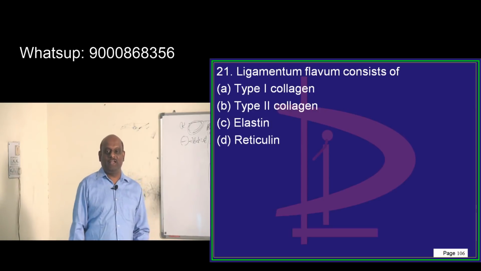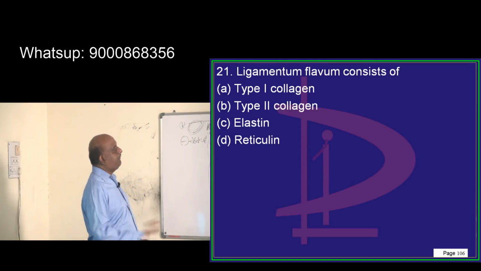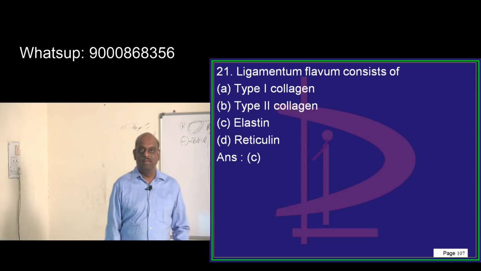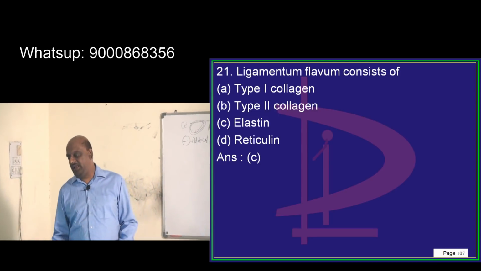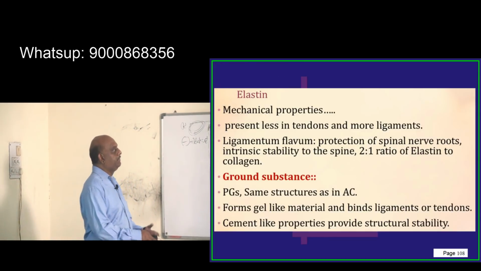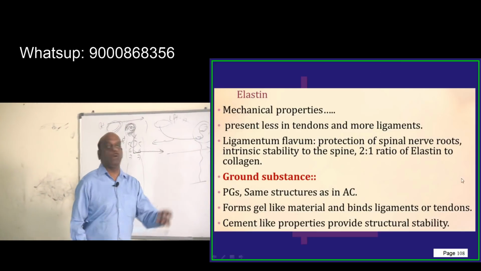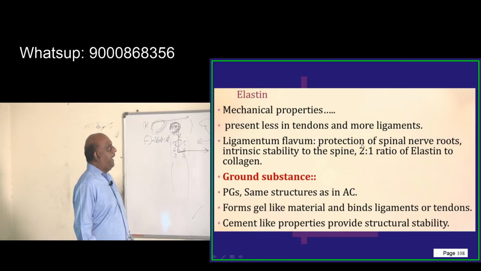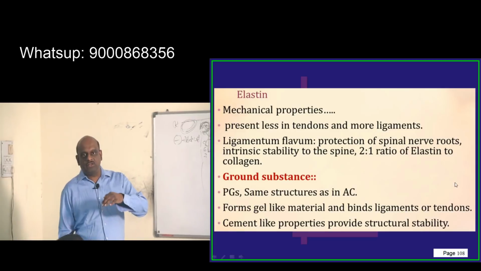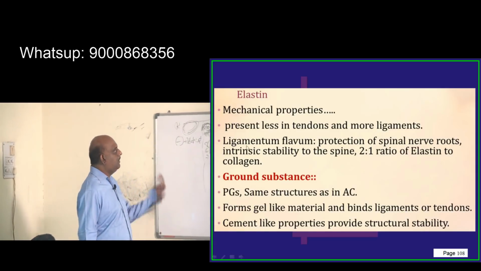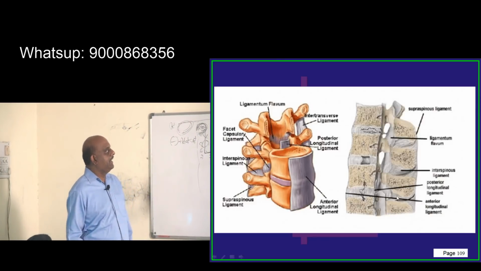In basement membrane, what do you have? Type 4. So if you look at the ligamentum flavum, it has got elastin is what you have to basically remember. So elastin has got the mechanical properties, and it is present less in tendons but more in ligaments. So it is there in ligamentum flavum is what you need to remember.